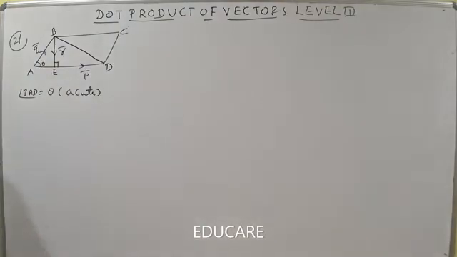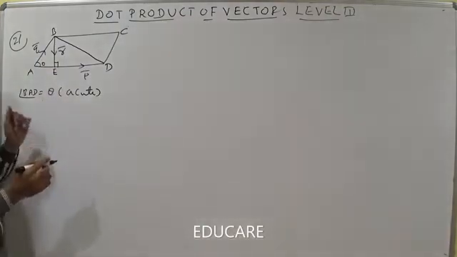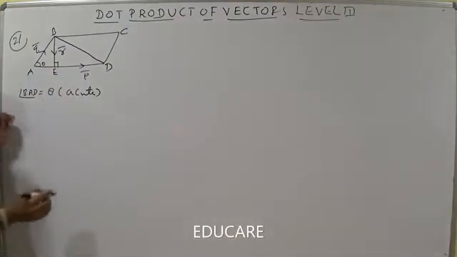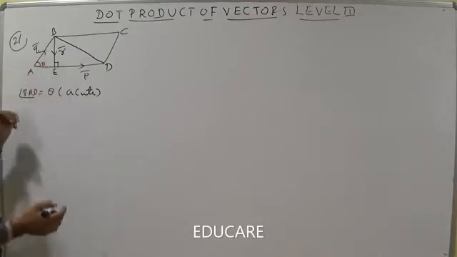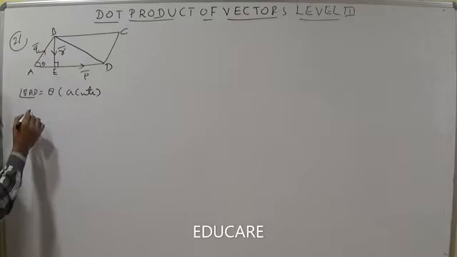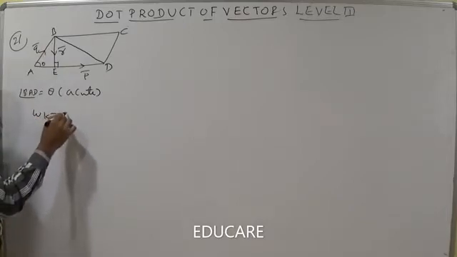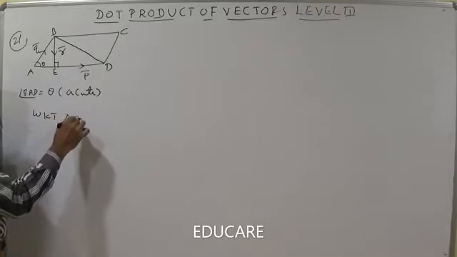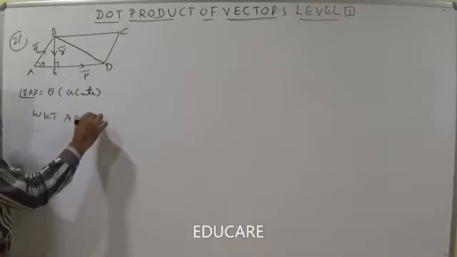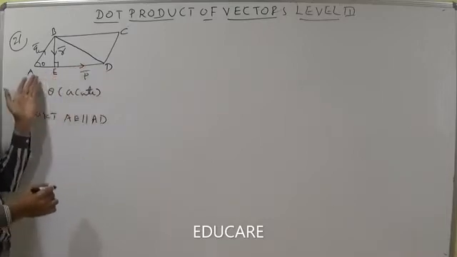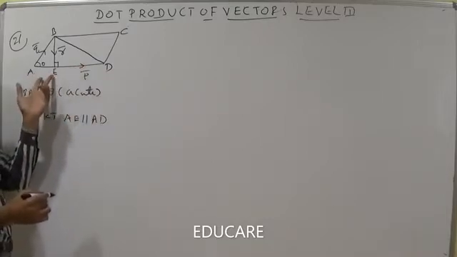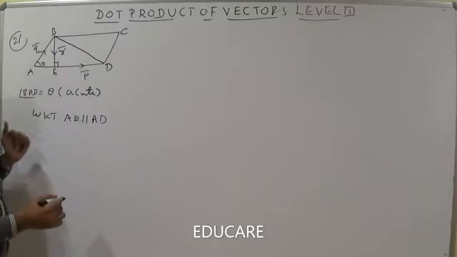Now we should calculate BE according to the options. Let AB be equal to Q bar given and AD equal to P bar given. AE is parallel to AD, because AE is part of AD.